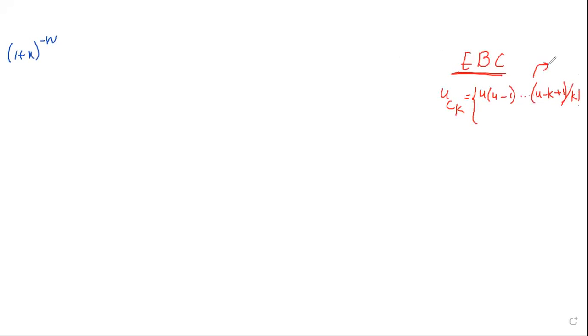This condition is applicable when k is greater than 0, when u is a real number. Now, what about when k is equal to 0? If k is equal to 0, it will be 1.